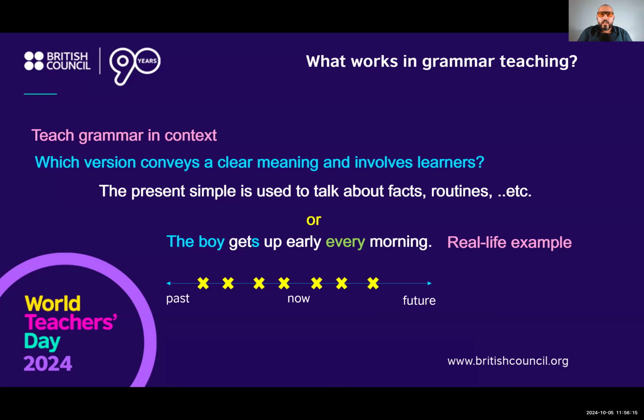So what do you think? Which one is much better? Which one conveys the meaning more easily? And it's reducing the teacher talking time. Yeah, of course it's number two, right? Yeah, exactly. That's right. So we have to use context for learning.